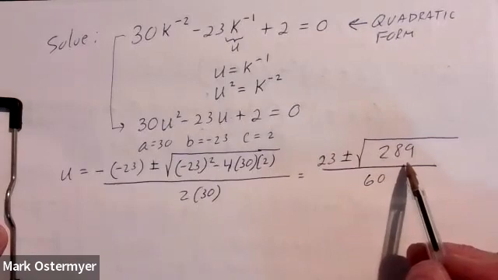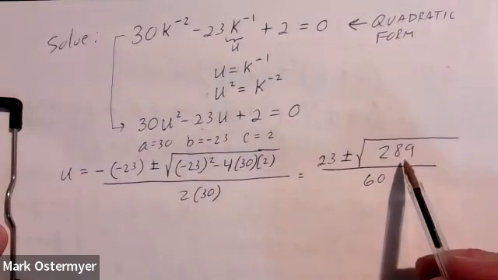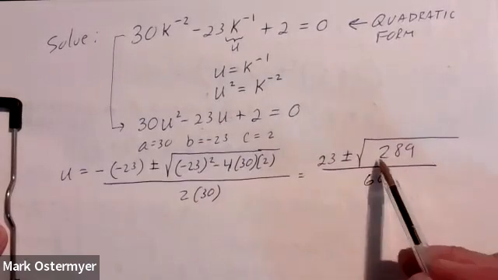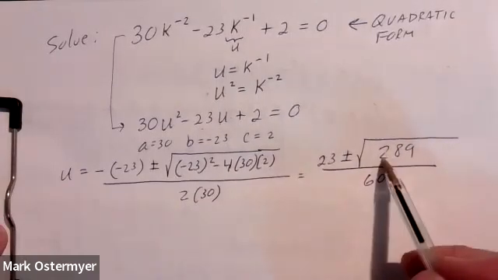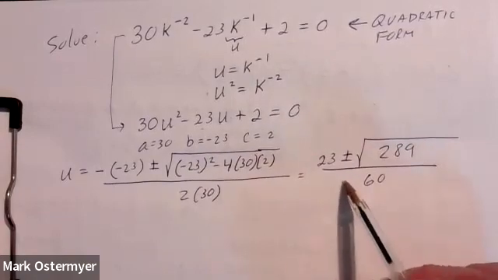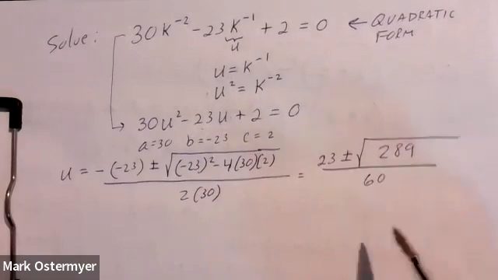And so therefore, the solutions to this quadratic equation in a variable U are going to be real rational solutions, meaning you're not going to see your square root. If this was a positive non-perfect square number, then your solutions to such a quadratic equation would be real irrational solutions where the square root would hang around in your final answers.